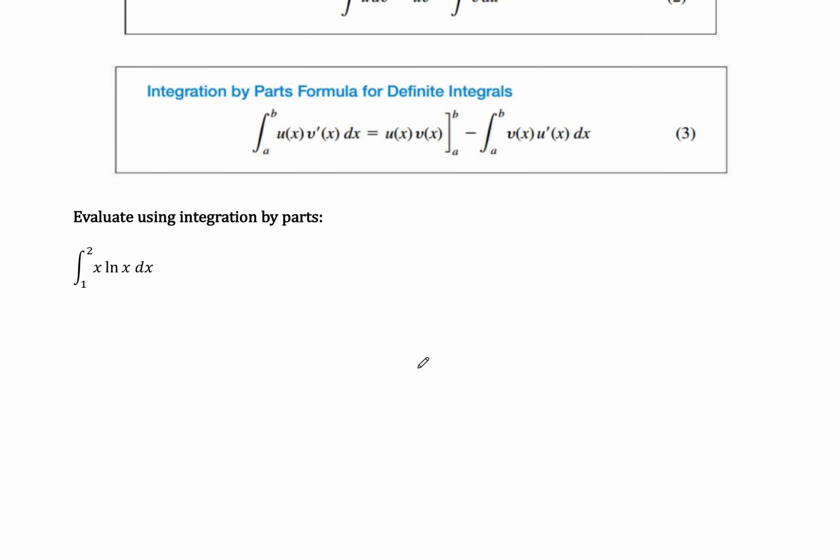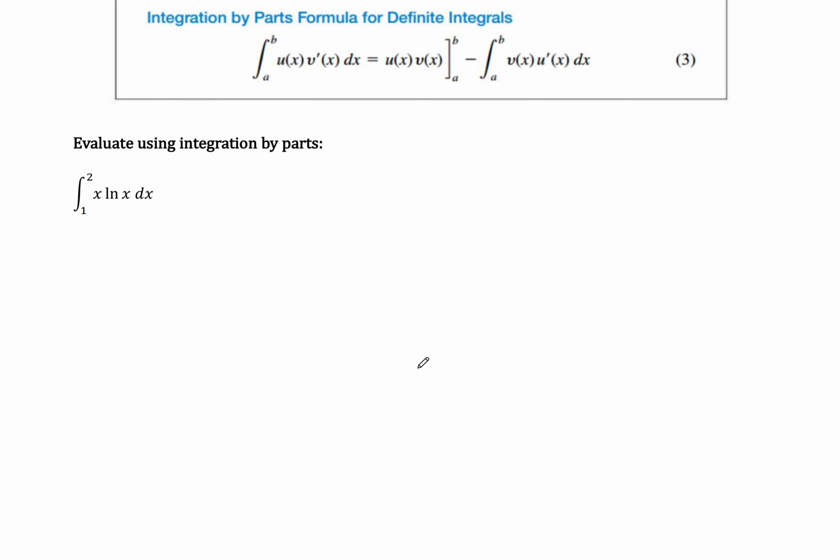It says evaluate using integration by parts. I'm asked to find the integral from 1 to 2 of x times the natural log of x dx. Now, this is one of those where we don't have an easy formula to just go ahead and integrate this, so integration by parts is going to come in very handy. Basically, I want to get rid of the natural log of x inside that integral.